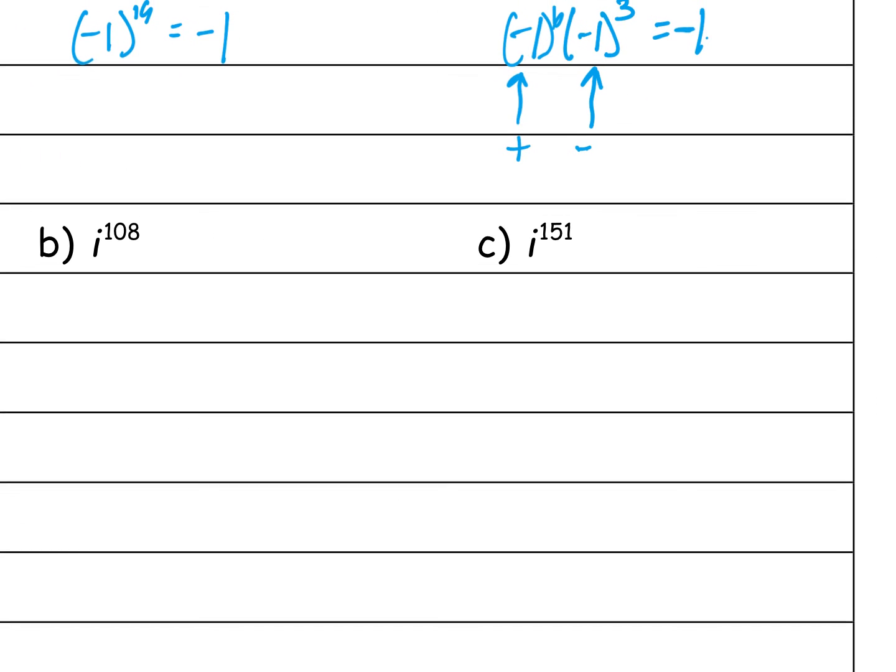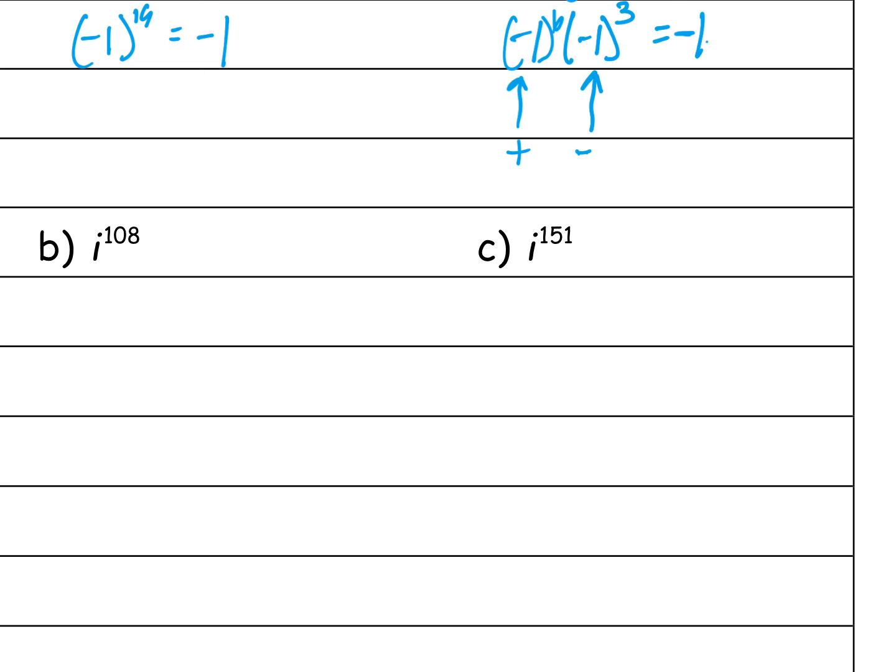Okay, so I have an odd number of i's on C, so I'm going to pull an i out so I have an even number. So this becomes i times i to the 150th. So I've got i times i squared.